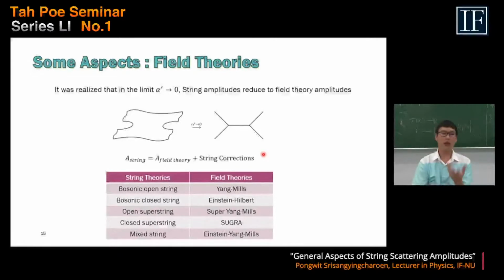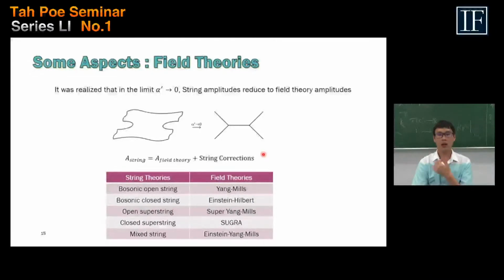For example, for the bosonic open string, the field theory version is Yang-Mills theory; for the closed string, the field theory is the Einstein-Hilbert action; the open superstring is super Yang-Mills, and the closed superstring is supergravity.